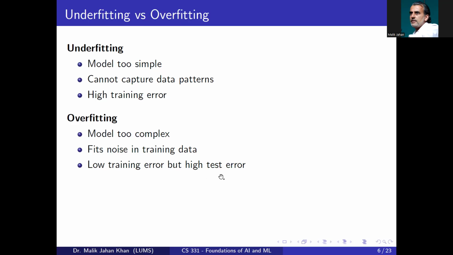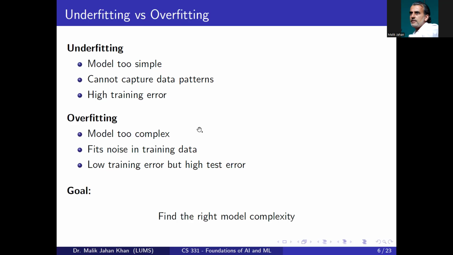Because it tried to fit itself very closely to the training data, including noise, it started getting closer to memorization. So somehow it started memorizing the training data while being a very complex model. As a result, we ended up with low training error, but as the model was exposed to unseen data, it might result in high test error.